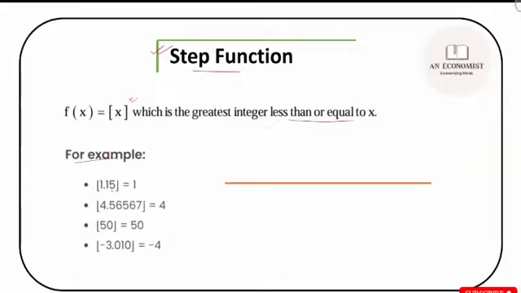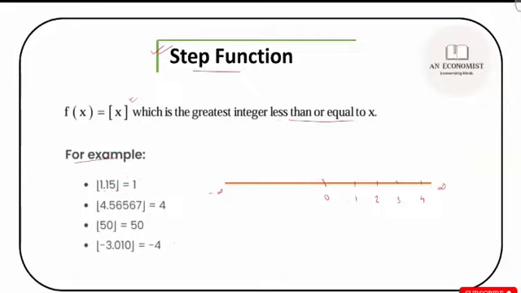What will be the box value of 1.15? It will be 1. Let me show you a trick to do this. Whatever box value is given to you, I want you to plot it on a real line. So it is infinity, it is minus infinity, so just plot the value. Suppose this is 1, this is 2, this is 3, this is 4.